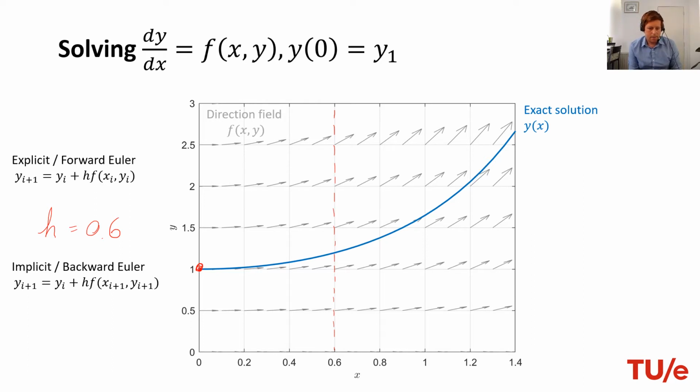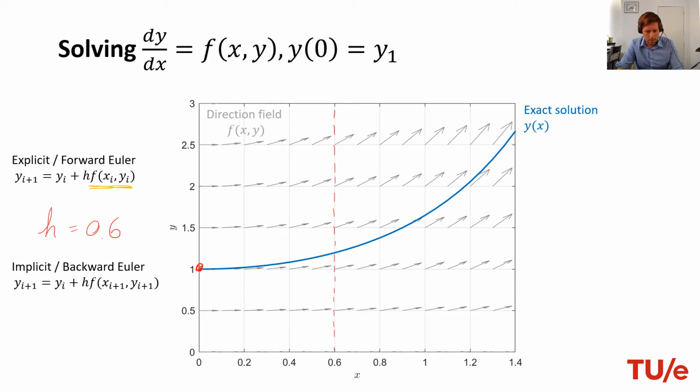Now, let's start with forward Euler. And for forward Euler, let me use orange. So forward Euler updates the solution based on the direction field evaluated at the current solution. How does that look in the figure?